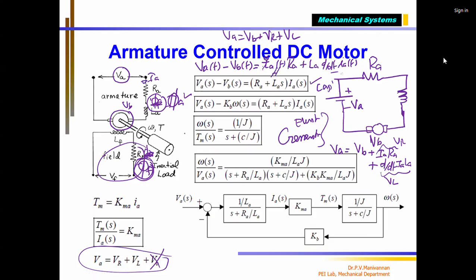Then I can write the transfer function for the electrical part, which is nothing but Tm divided by VA. That is going to be 1 divided by LA into S plus RA divided by LA. This is what you are going to get: take the Laplace transform and get the transfer function for the electrical part.